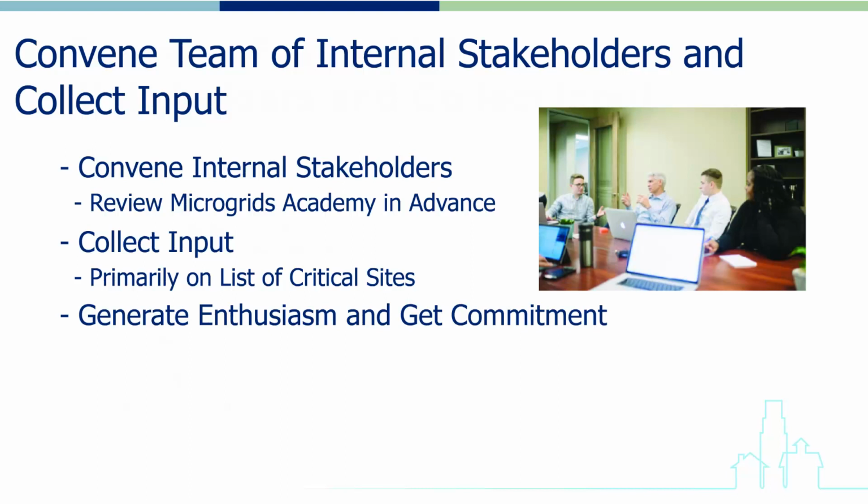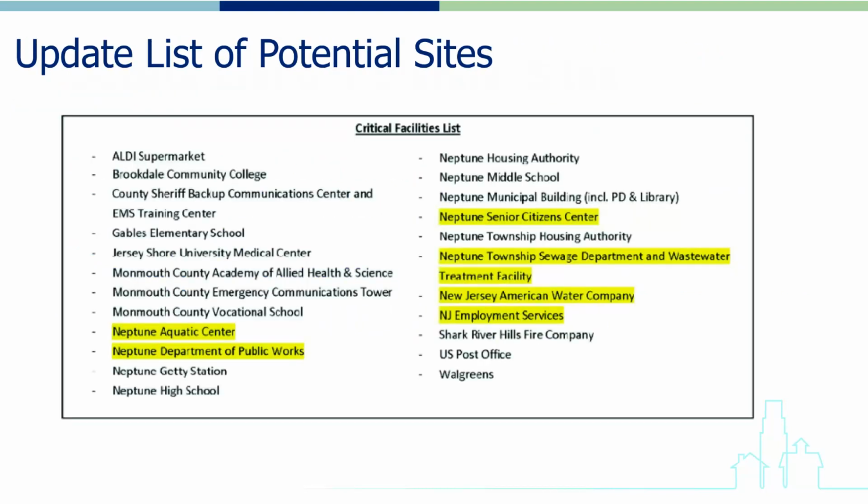The goals of the meeting are to discuss and obtain input on the preliminary list of facilities identified during project initiation, and to generate enthusiasm and get commitment from the internal stakeholders to stay on with the process of creating a microgrid development plan. The meeting should begin by providing the preliminary critical facility list and map that was created earlier to the internal stakeholders for review and discussion. The key is to get as much informed input on the facilities list as possible in order to develop a more thorough list of facilities going forward.